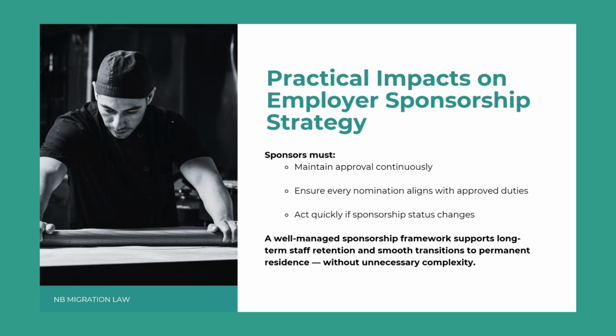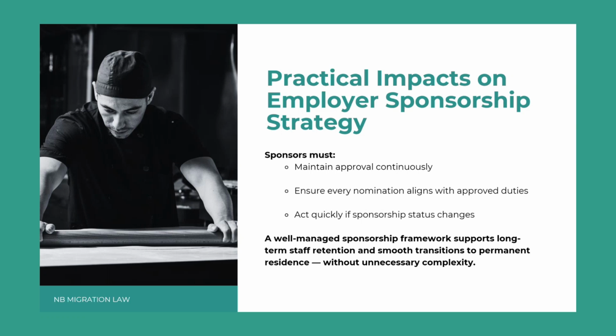Act quickly if the sponsorship status changes. By that I mean if you let the employee go and they were terminated for some reason, then you notify the Department of Home Affairs that the employment has ceased. That's the only thing. And I think you have 7 days.